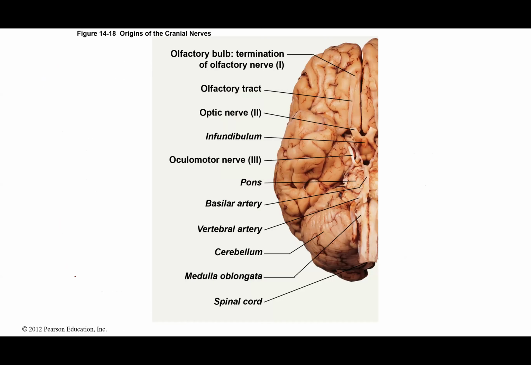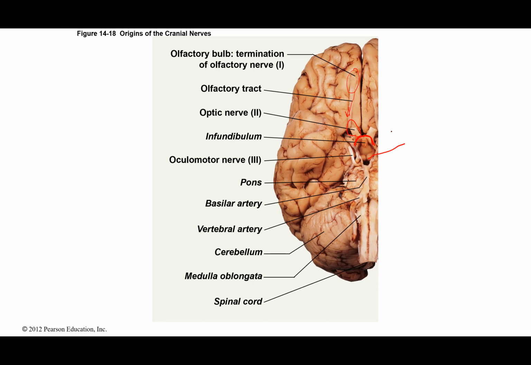Here is an actual human brain or cadaver brain showing you those same nerves. It's a little harder to see them because they're not color-coded separately, but you can see the olfactory bulb here, olfactory tract, the optic nerve, the optic chiasm where they cross over, the infundibulum for the pituitary gland. The pituitary gland is not there.